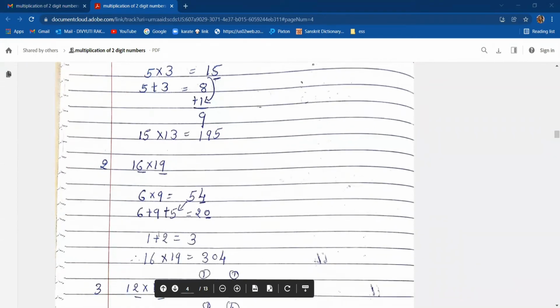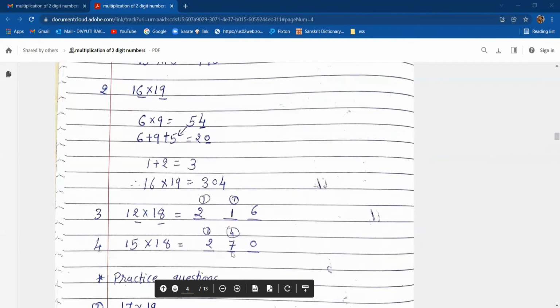So for the answer, we will take the 0, the unit digit of this 20, and then we will take this 2 as a carry, and add this carry with the tens digit of the first number, that is 1. So 1 plus 2 will give you 3. So the answer is 304. So this 3 we have to put at the hundreds place, 0 at the tens place, and 4 at the unit place.